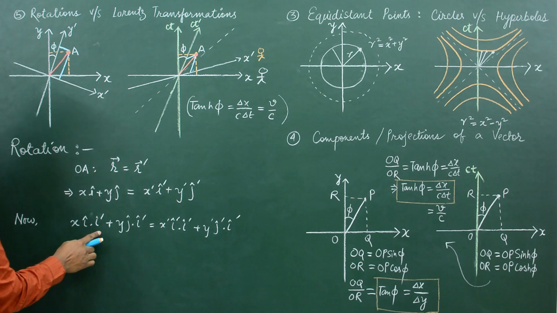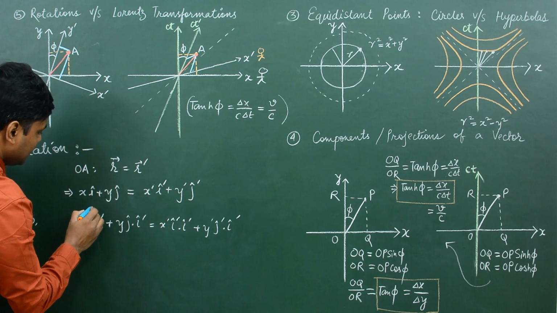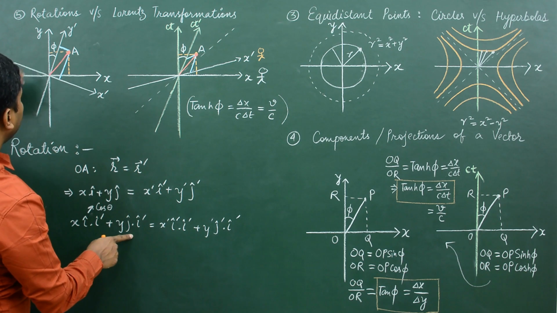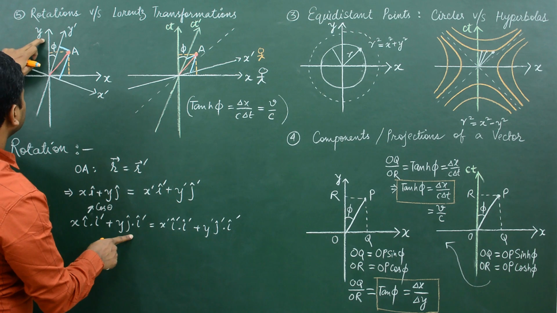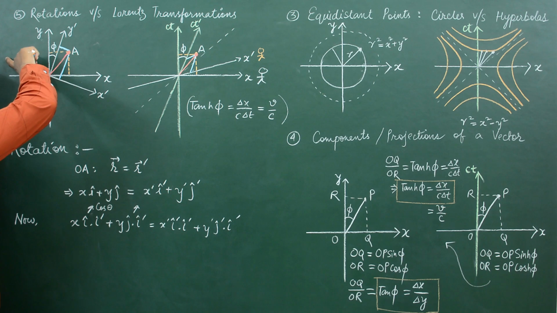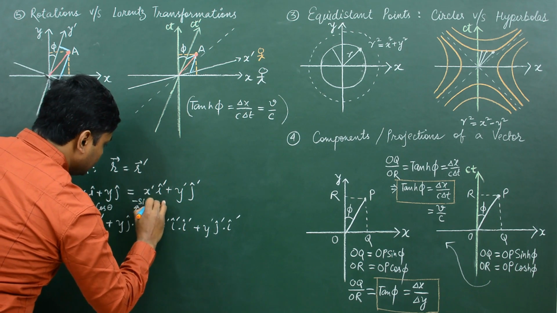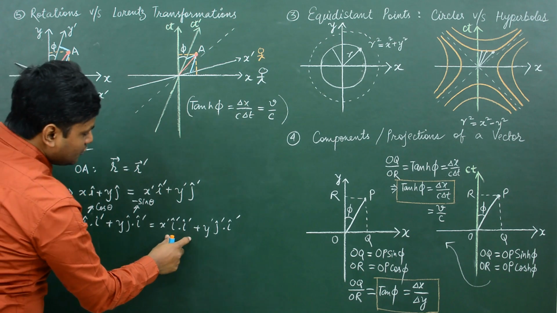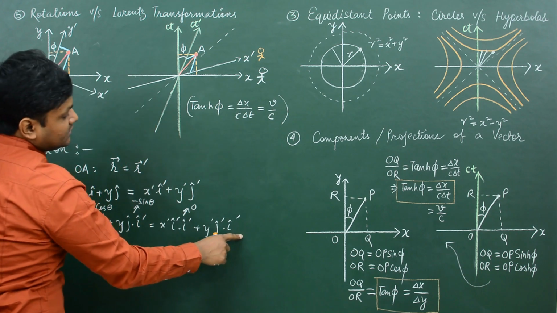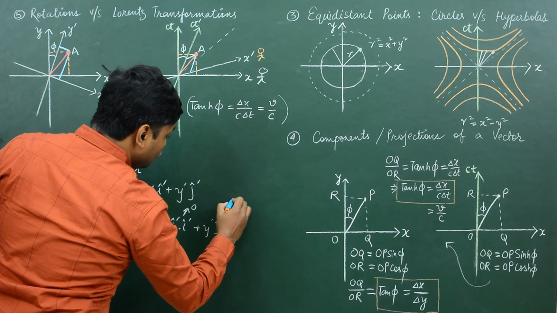What is i dot i cap dash? That is nothing but cos theta. What is j dot i cap dash? If you look at the diagram, that will give you a minus sine theta term. What about i dash dot i cap dash? That is just equal to 1, and j dash dot i cap dash is equal to 0.